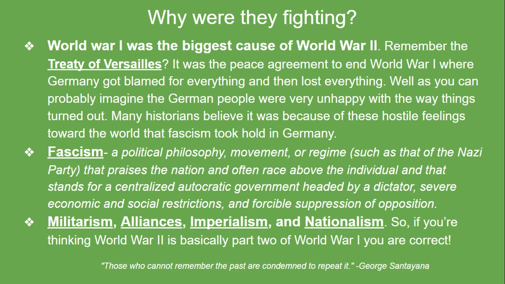What does any of that mean? That means in a fascist government, the people are led by a dictator who does not allow them to disagree with him or stand in opposition to any of his policies.